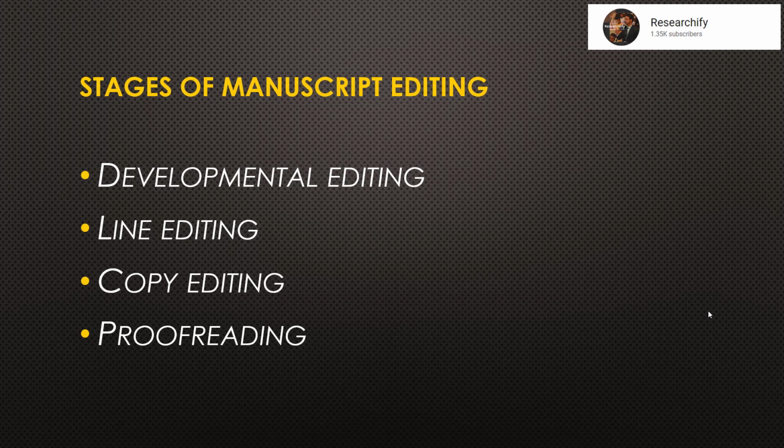Before submitting, you have to go through line by line all the figures, all the captions, and everything you have included in the paper, and see whether there are any errors, any missing words, or any style mistakes. That's the last part of editing, proofreading.